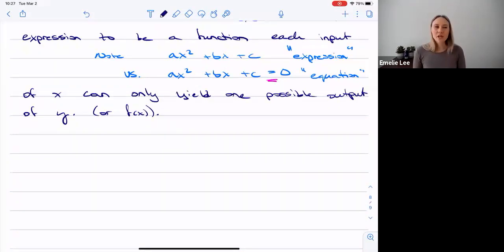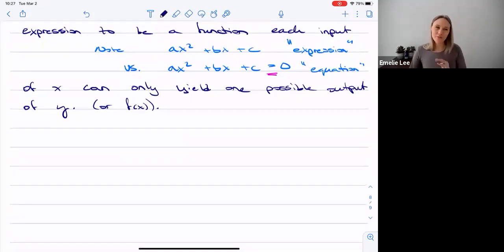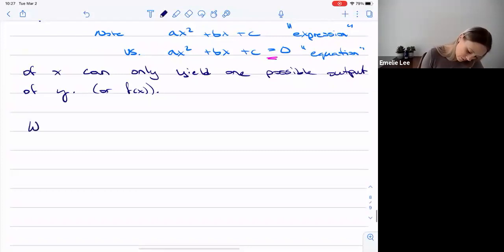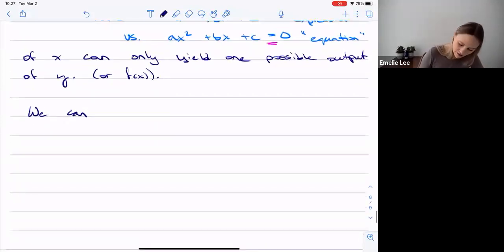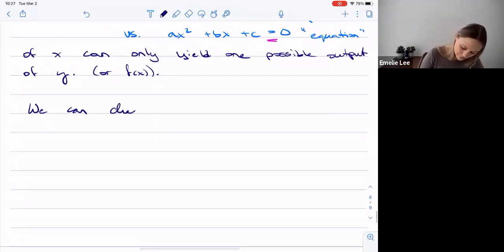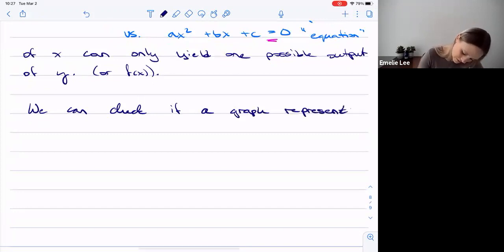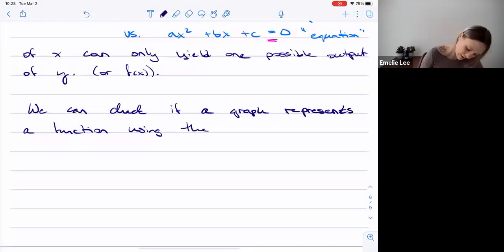So how can we check this? So graphically, how do we check this? Well, we use what's called the vertical line test. So we can check if a graph represents a function using the vertical line test.